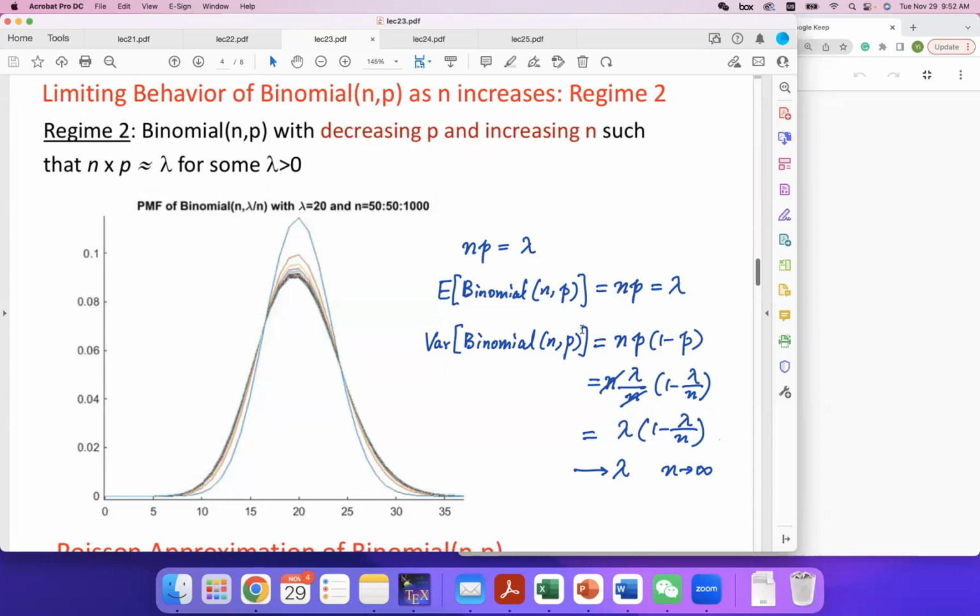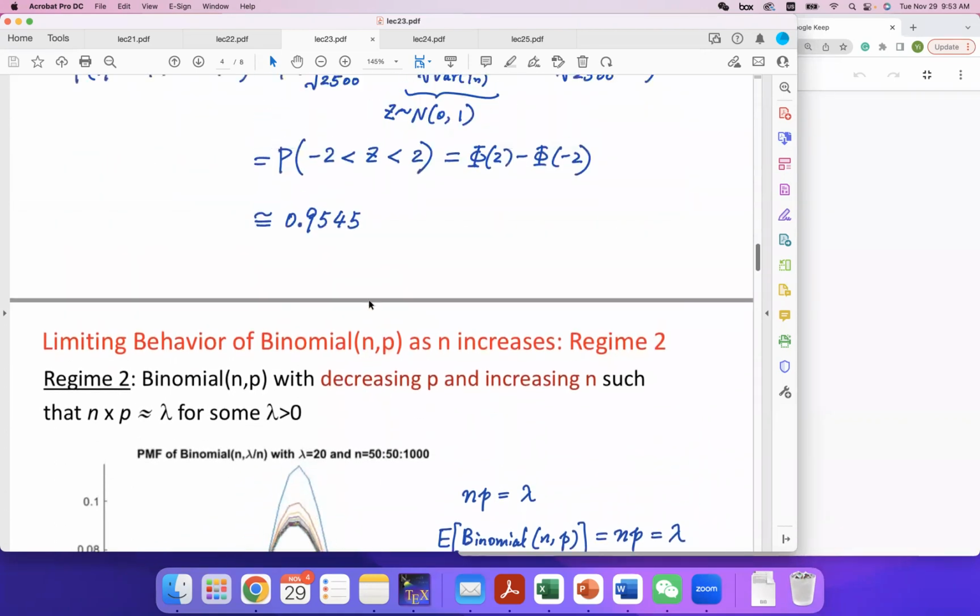So the variance is going to converge to lambda as n goes to infinity. Basically, in the limit, the binomial distribution is going to have a constant mean, which is lambda, and also a constant variance, which is also lambda.